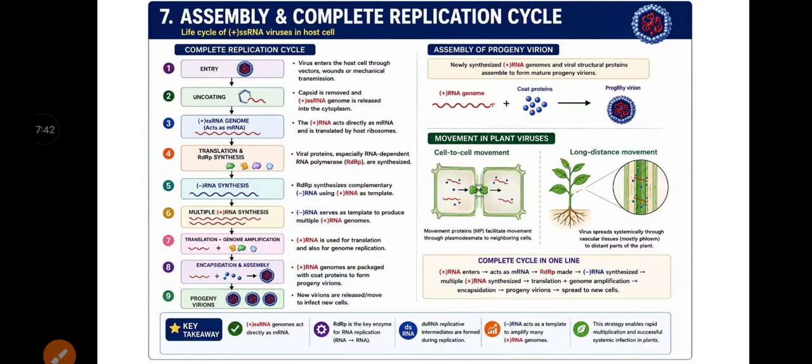By this enzyme it will produce the antigenome. Then antigenome will act as template for further production of the main genome, that is positive strand RNA. And finally the coat protein will be produced, new RNA are produced, and ultimately encapsulation will occur, and new viral progeny will be formed. Okay, very simple. This is about positive sense RNA virus replication.